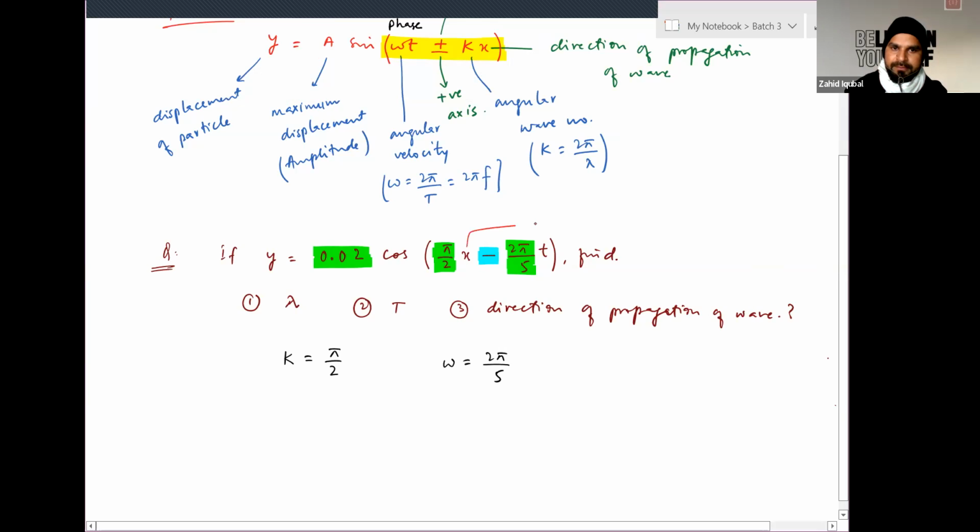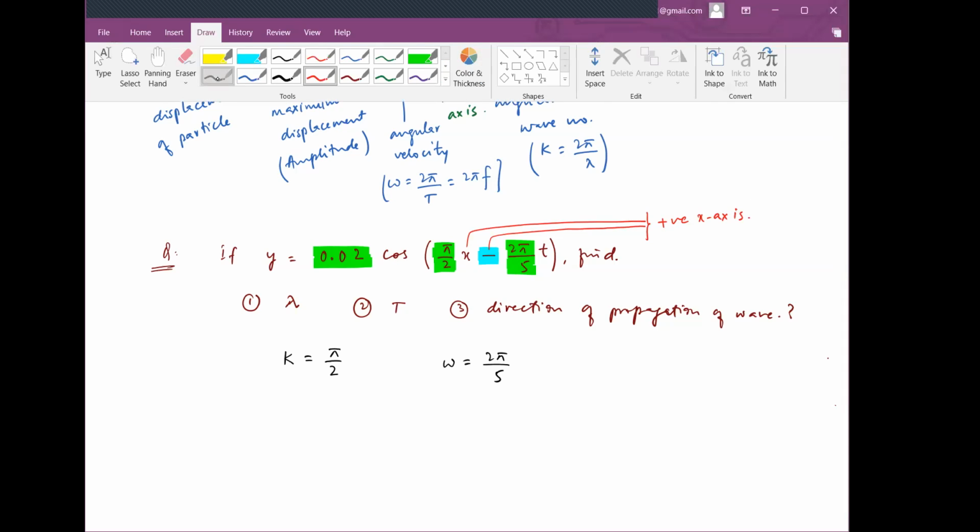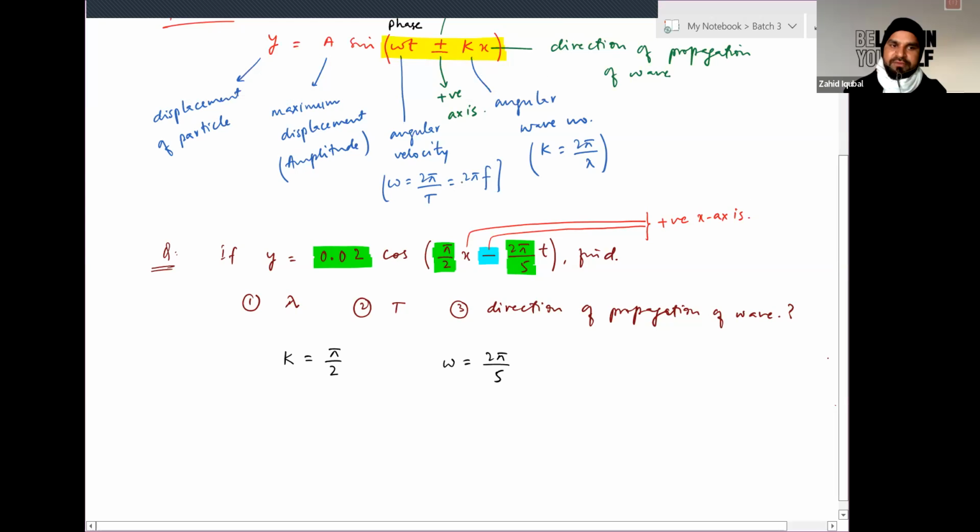Here we have x, and with a negative sign. So we can say this wave is propagating towards positive x-axis. Abhinav, is it clear how to define direction of propagation of wave? Yes, sir. Okay, try to find the rest two terms, lambda and time period.